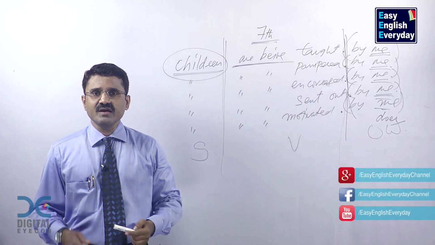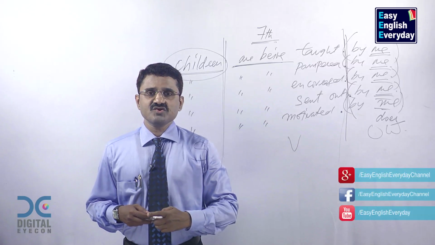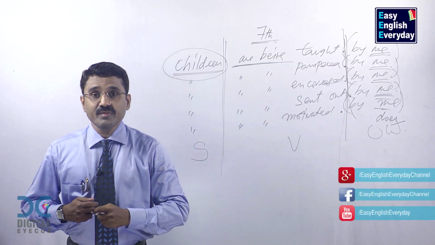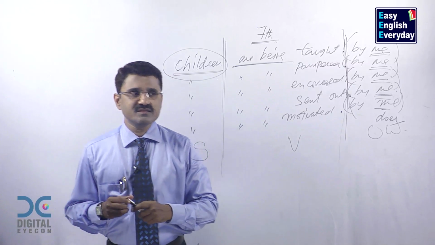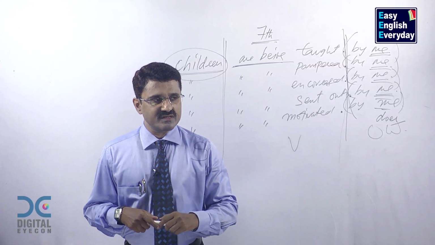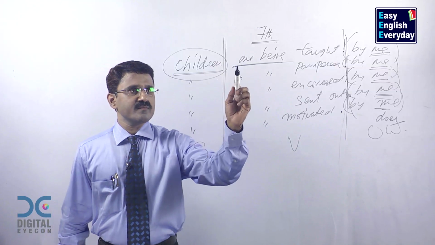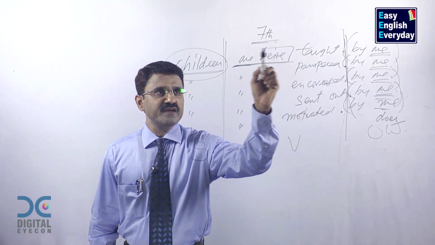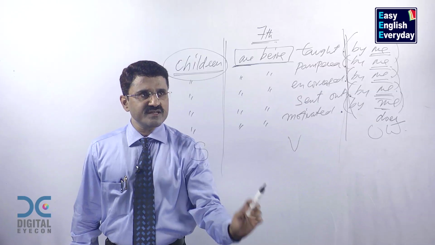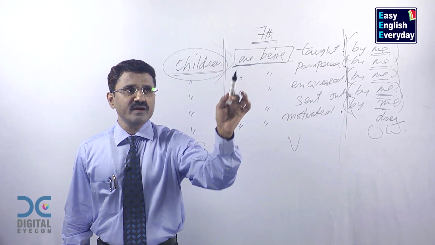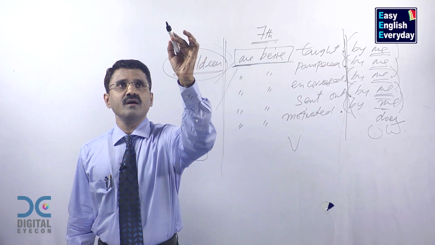You can happily say, children are being taught, children are being pampered, children are being encouraged, children are being sent out, children are being motivated. This is the seventh use of are. How to do that? Are being, this is fixed. Keep it fixed as it is. And I've told you already how many types of subjects are possible here.